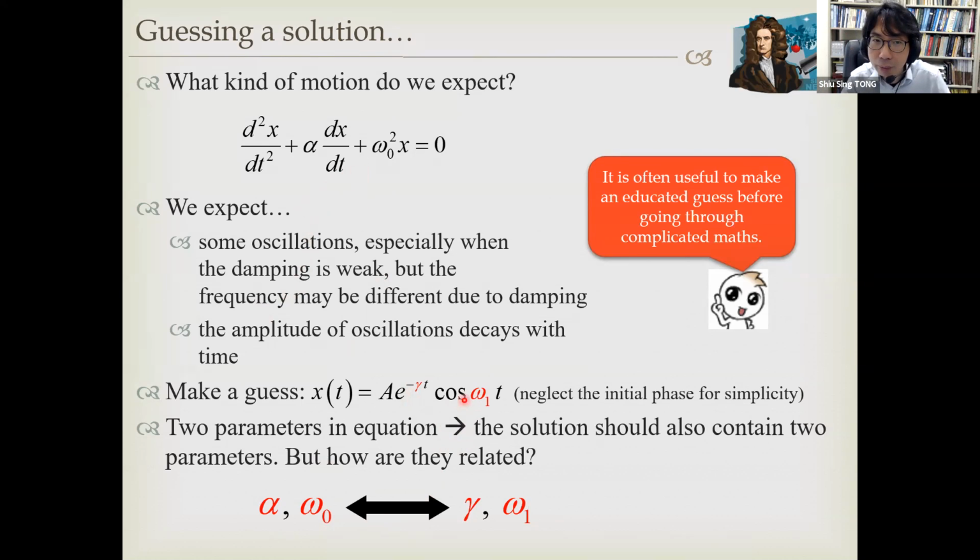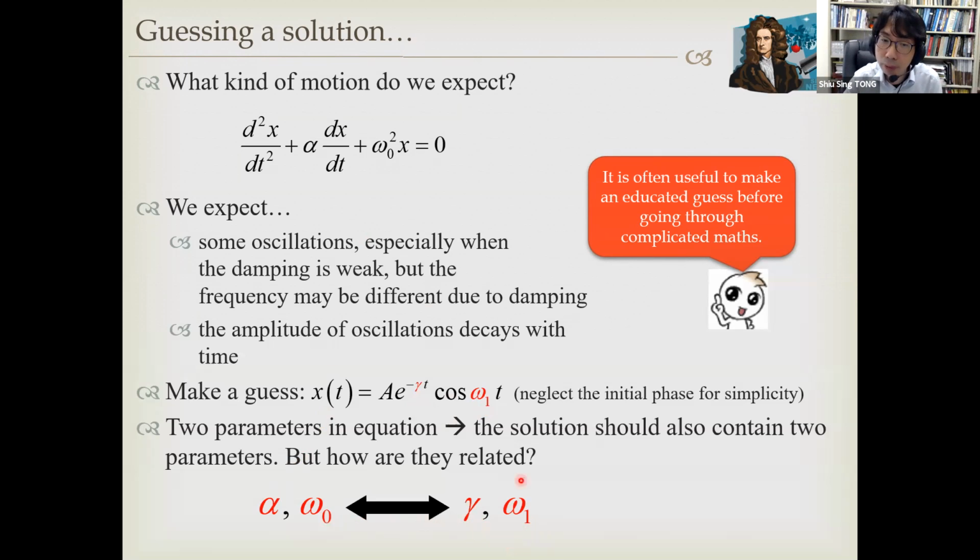But there must be a relation between the two. If this solution is going to satisfy this equation, then the coefficients in the differential equation must be related to these two constants. So alpha and omega naught must be somehow related to gamma and omega 1.